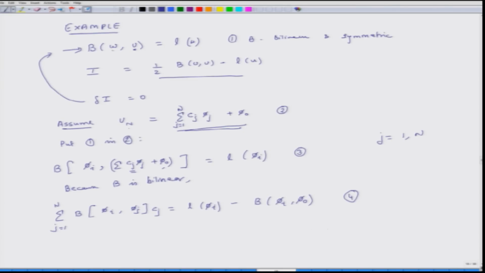If I put phi I equal to phi 1, I will get one equation, phi 2, I will get a second equation, and all these Cj's are unknowns. So I will get n equations and n unknowns.